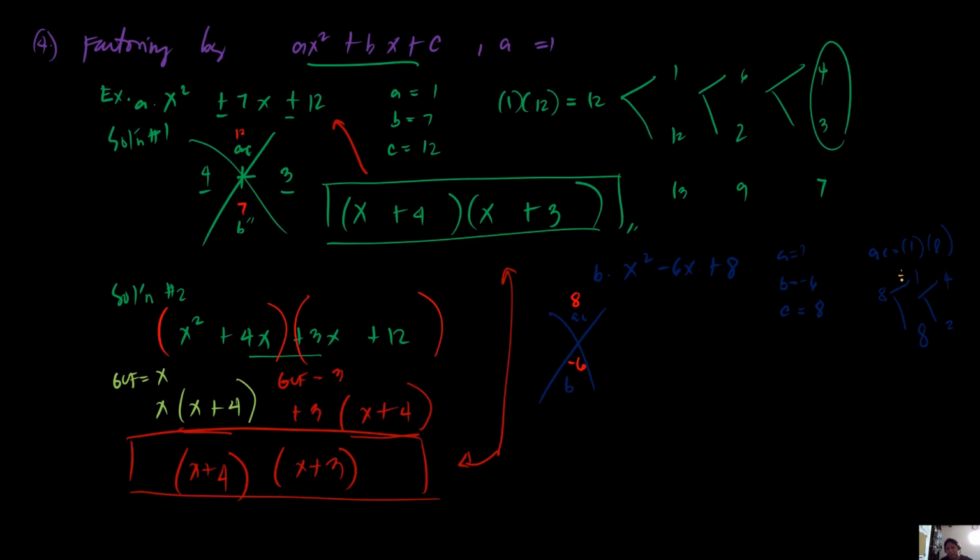If we make this one positive 1, then negative 8, negative 1 plus negative 8, the answer is negative 9. Our goal is negative 6. At the same time, if you multiply positive and negative, you will get negative 8. Our AC is positive 8.